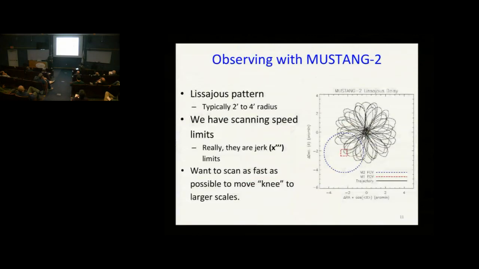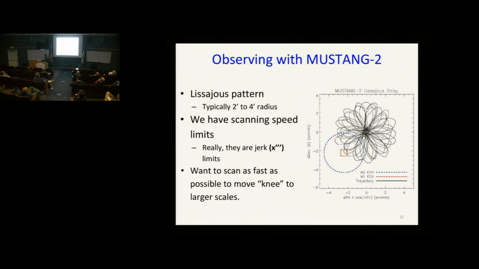How do we observe with MUSTANG? We do on-the-fly mapping, and in particular, our basic strategy is Lissajous daisy scans. We can vary the radius depending on the size of cluster you want. We do have some limitations on how fast we can scan due to the telescope and the feed arm.